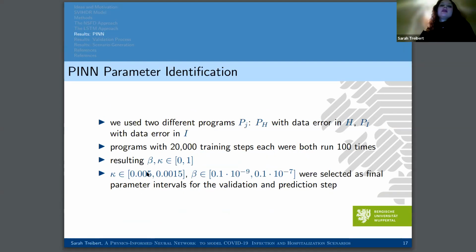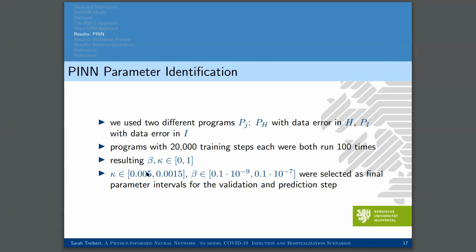Actually we used two different programs which were kind of the same, but in one of them we computed the data error concerning the hospitalized compartment, and we wanted to make a prediction of the hospitalization numbers. And in the other one, we used the data error for the infected compartment and wanted to get a prediction of the infected compartment size.